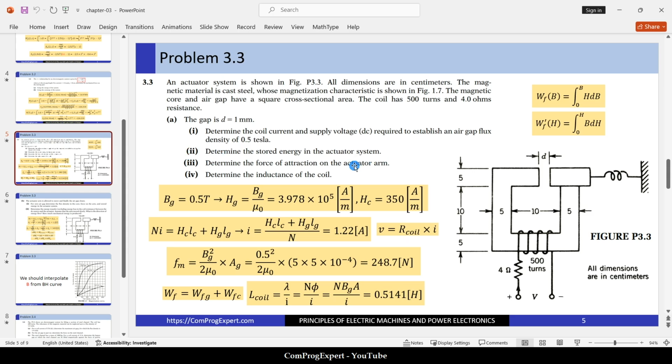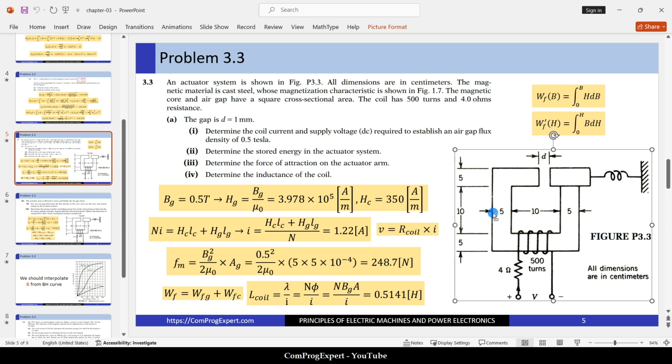Then maybe we can calculate the derivative of the energy function numerically. But can we use a simpler method? Can we neglect the reluctance of the iron and solve this problem?